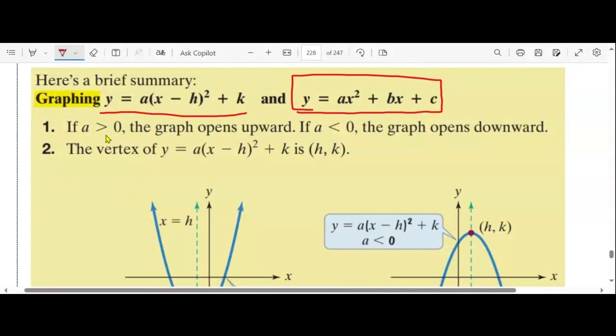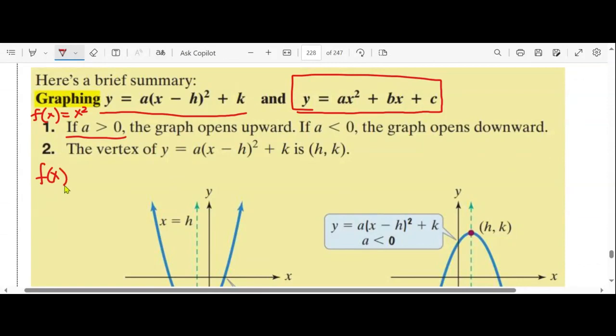So if a is greater than 0, then the graph opens upward. For example, if you have something like f of x equal x squared, how much is the value of a here? The value of a here is 1, correct?